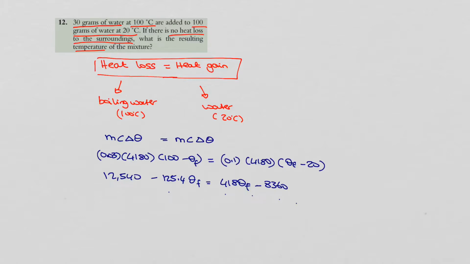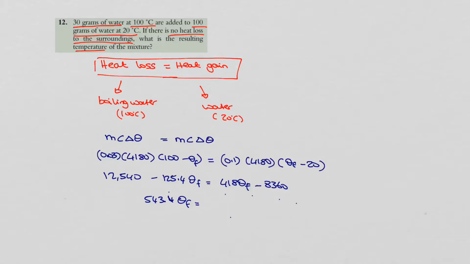So if I bring all the thetas to one side, I'll have 418 plus 125.4 gives me 543.4 theta.